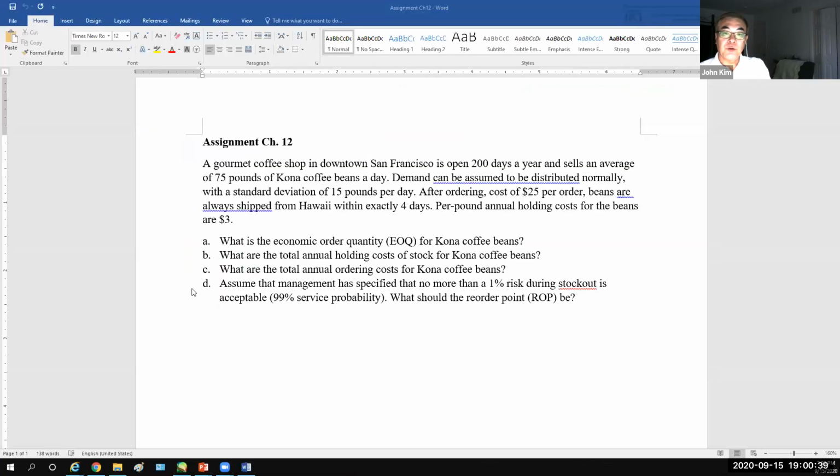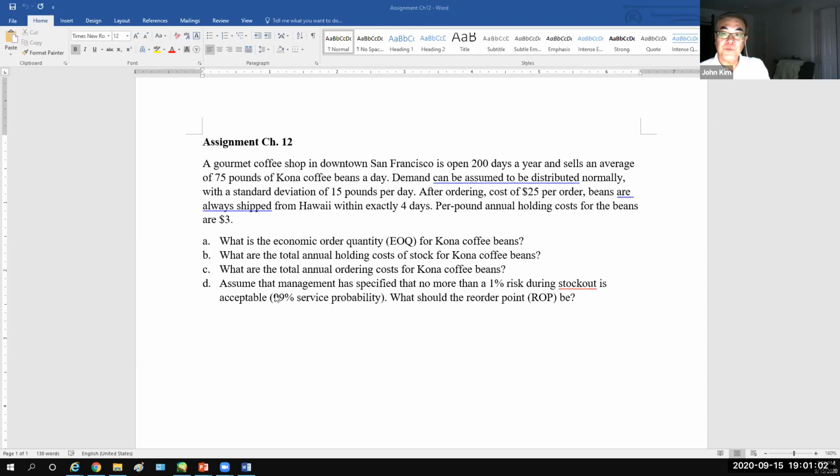Looks like this. Now, 4 questions. Find the EOQ, the order quantity, using the Q model. Then annual holding cost, annual ordering cost.